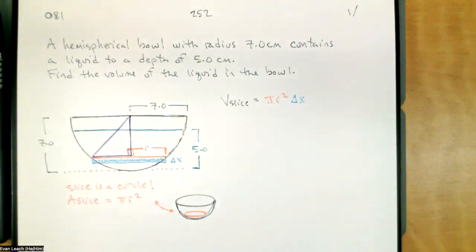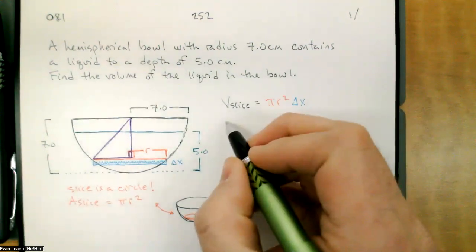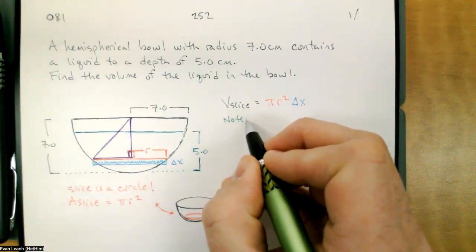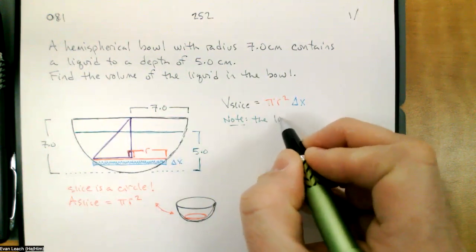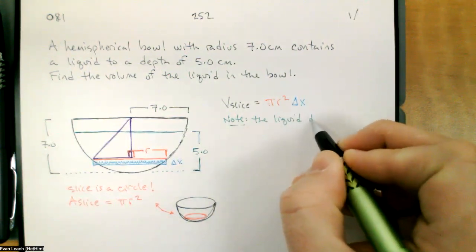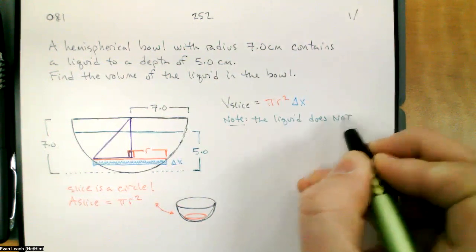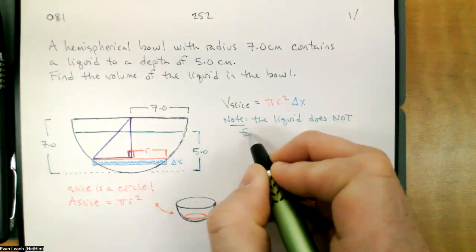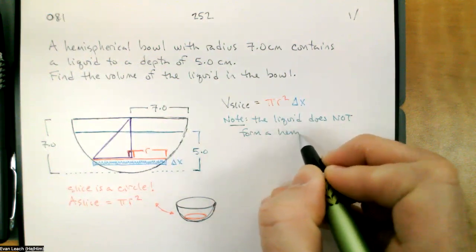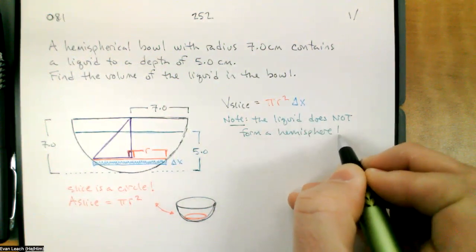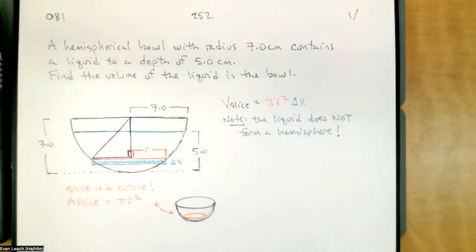So the important thing to note here is that the liquid does not form a hemisphere. The depth of the liquid is 5, but it is not a hemisphere of radius 5. Otherwise, I wouldn't have the bowl in the first place.